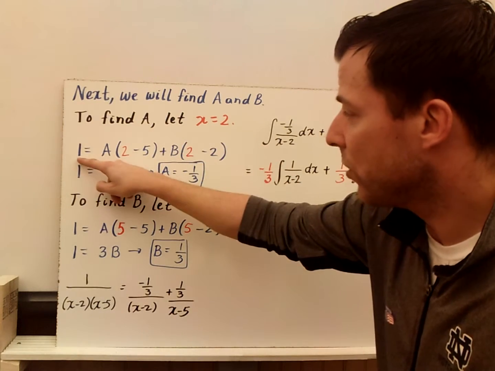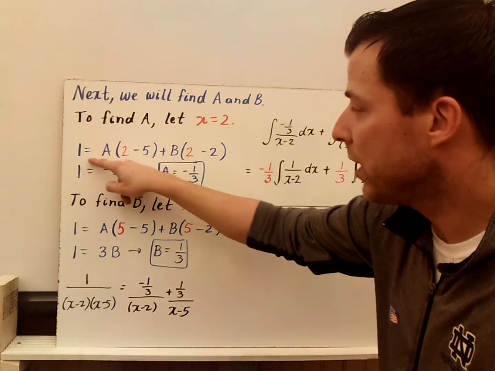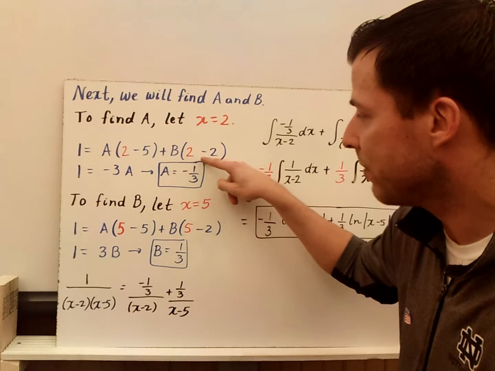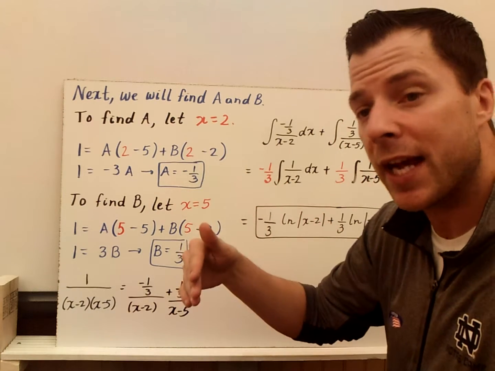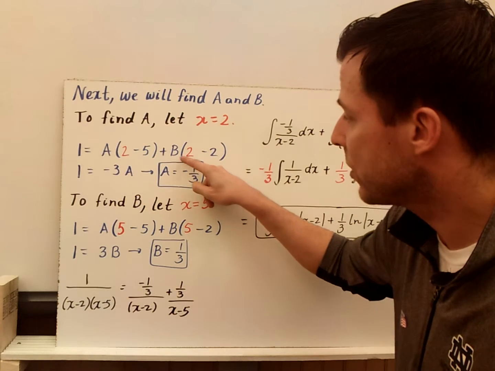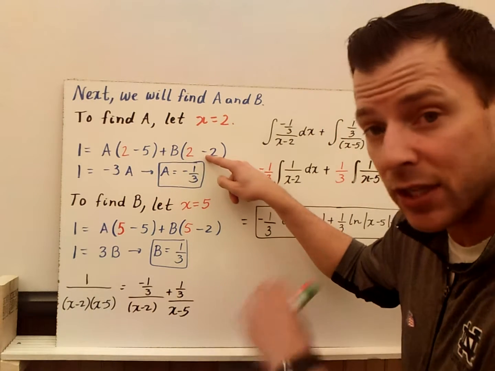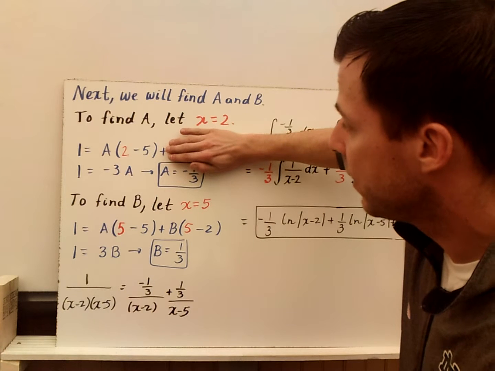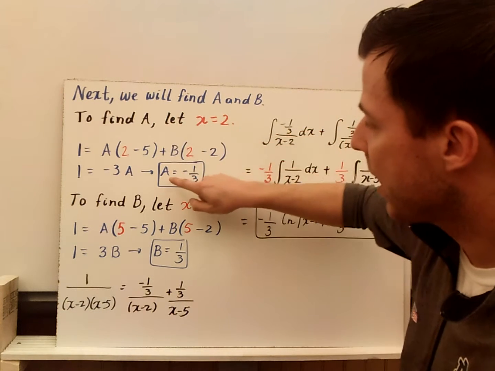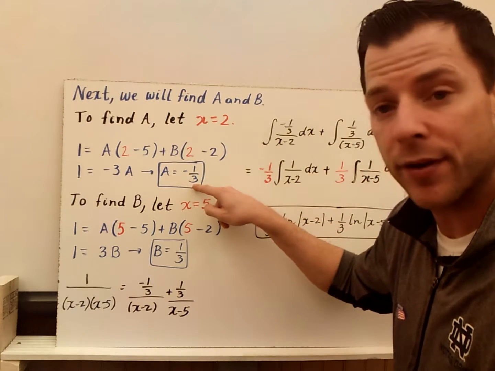There's the equation, 1 equals A times x minus 5 plus B times the quantity x minus 2. Wherever there's an x, I put 2. B times 2 minus 2 is 0, so that's eliminated, and I'm left with 1 equals negative 3A. Solving for A, I get A equals negative 1/3.